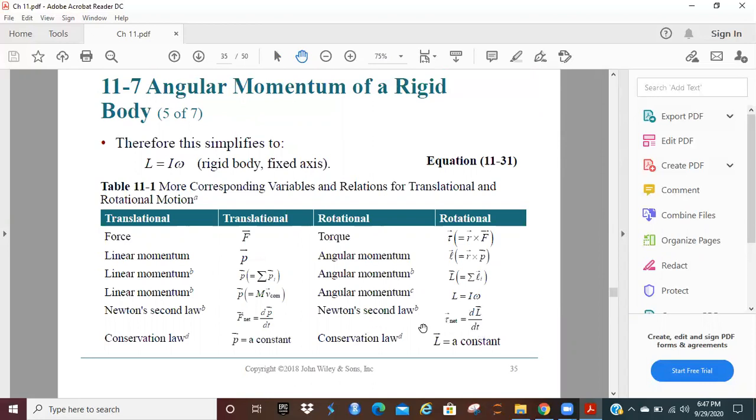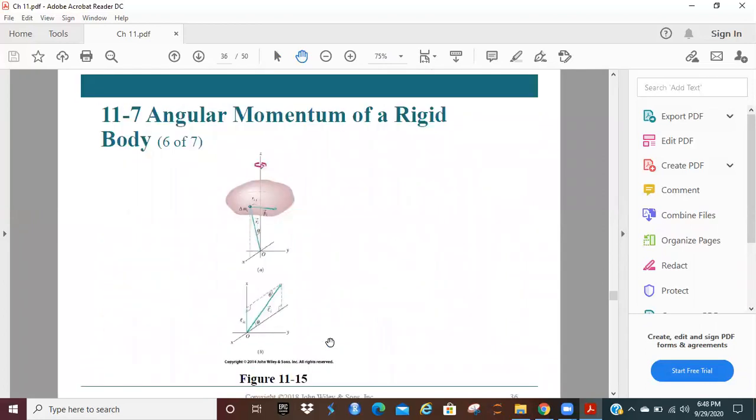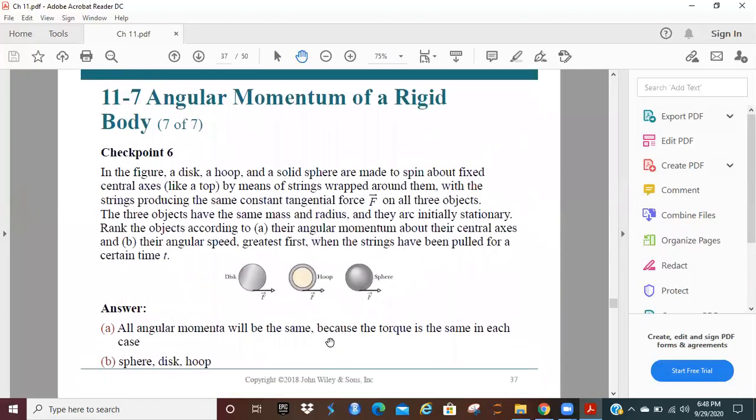What you are looking at here is this torque is going to be the change in the moment of inertia times the angular momentum. Where that's going to come into play is their angular speed, greatest first, when the strings have been pulled for a certain time.